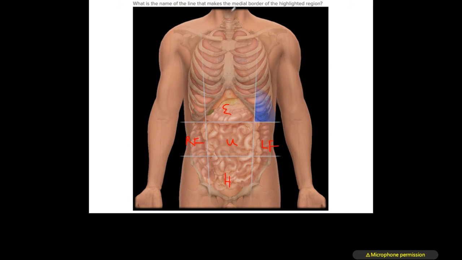What is the name of the line that makes the medial border of the highlighted section? So again, here's inferior, here's superior, here's lateral. This is the medial. If we follow it up, right there, it goes to the middle of the clavicle. And I didn't give you the choices here, but the best choice is mid-clavicular. It's these lines here, this one is called a mid-clavicular line, and that's a mid-clavicular line.